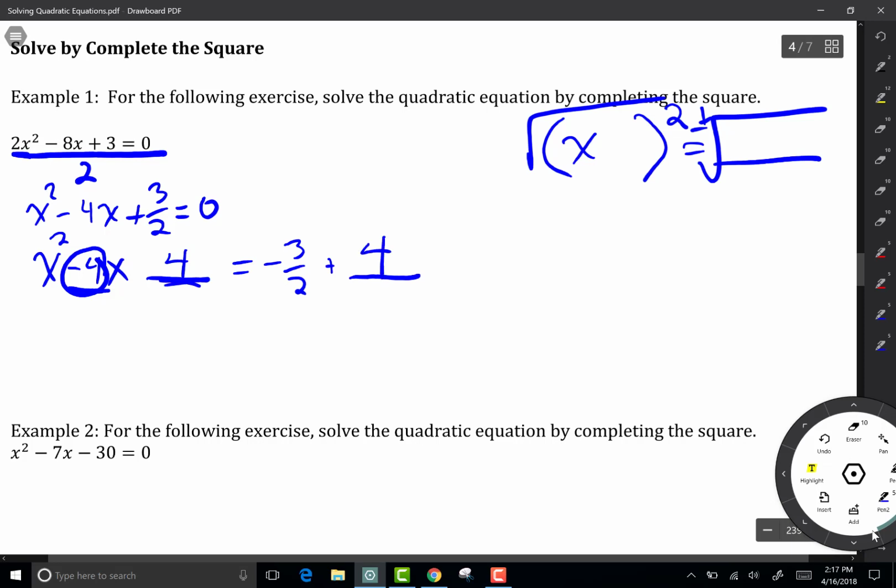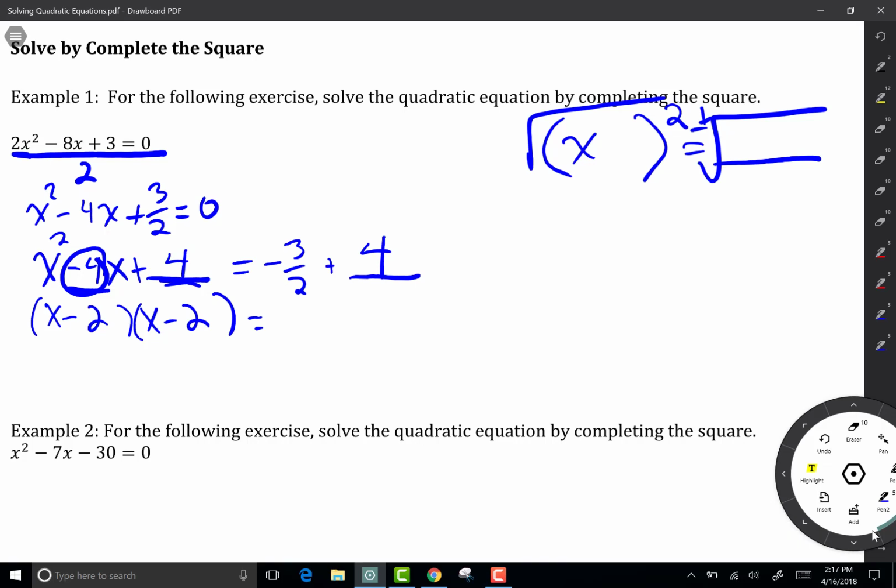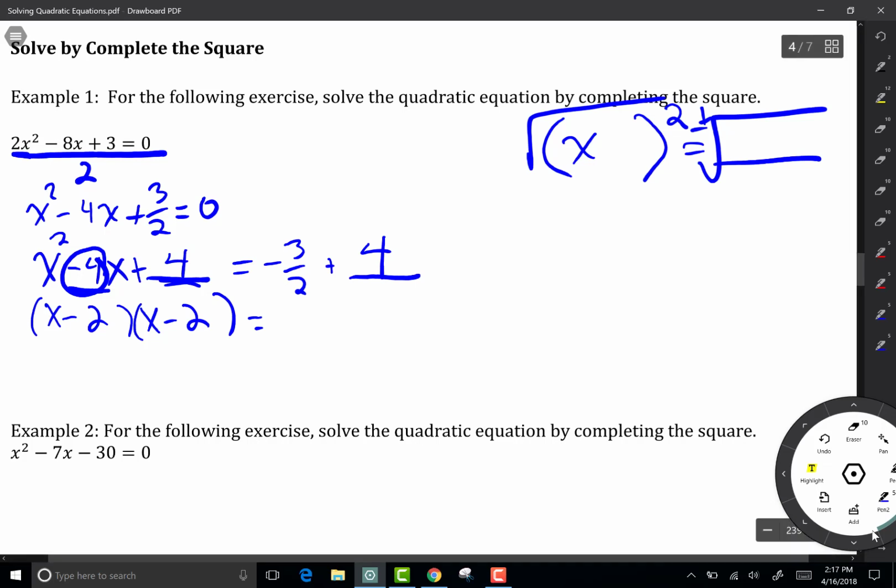Now I just set it up in a way that I just created a perfect square, x minus 2, x minus 2. That's going to give me x squared minus 4x plus 4. Now on this side, I'm going to get minus 3/2 plus 4.